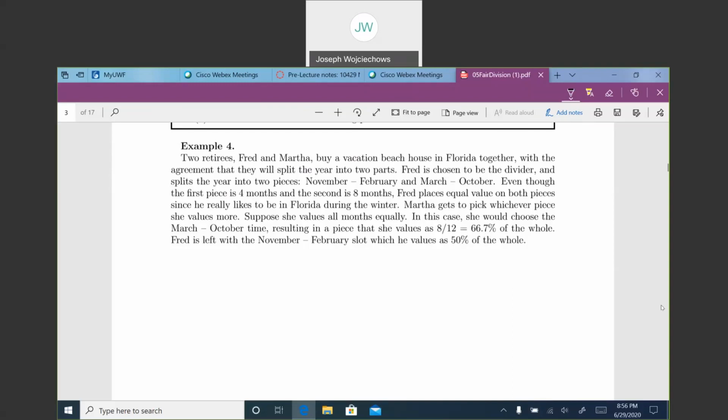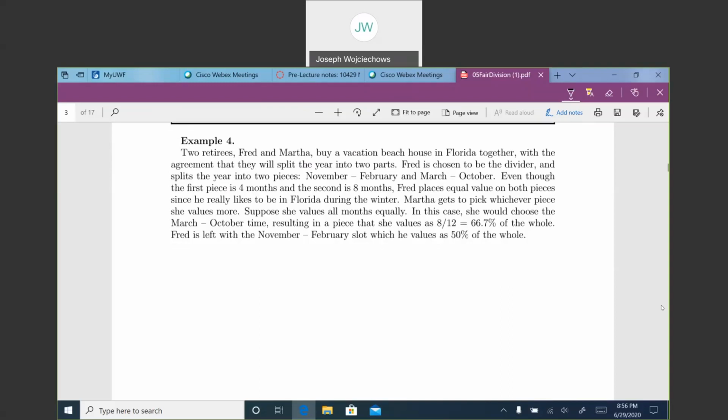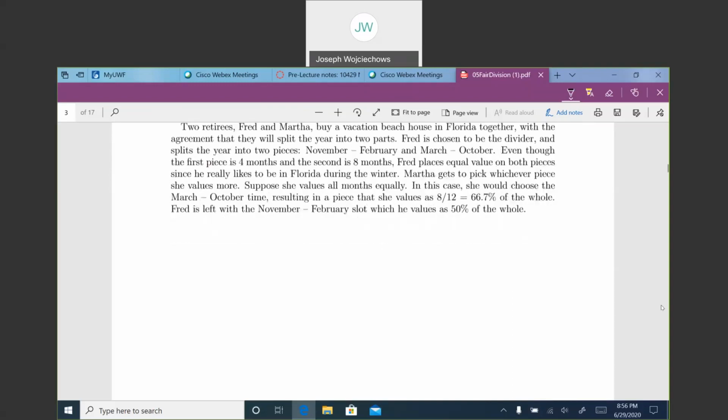Martha gets to pick whichever piece she values more. Suppose she values all months equally. In this case, she would choose the March to October time because it's worth 8/12 of the value to her. Fred is left with the November to February slot, which he values at 50% of the whole.